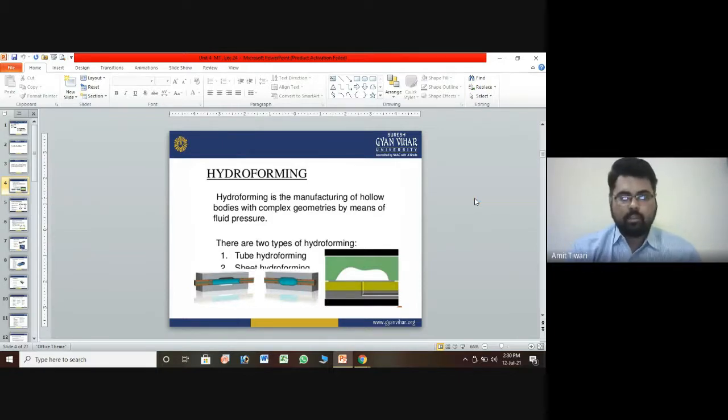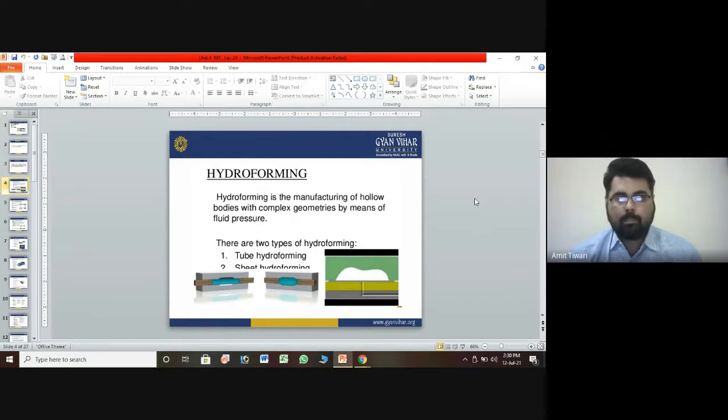If you divide the word into two parts, one is hydro, which means liquid or some fluid medium, and the other is forming, which means the formation of any shape as per your desire.